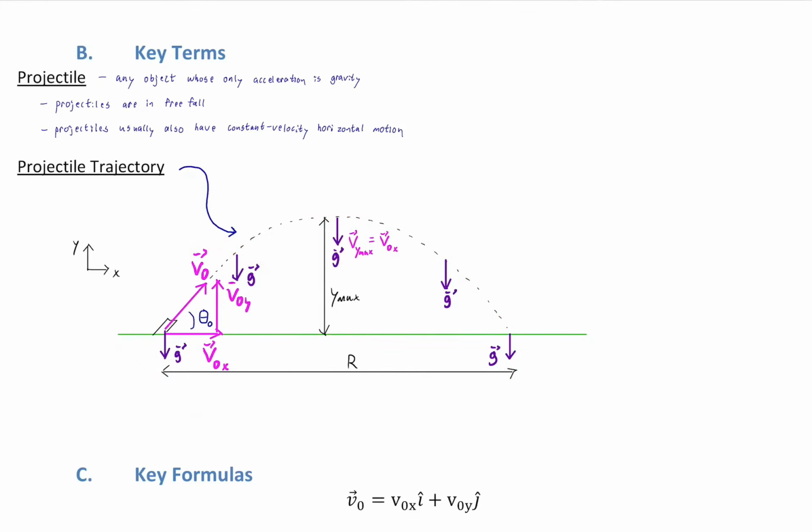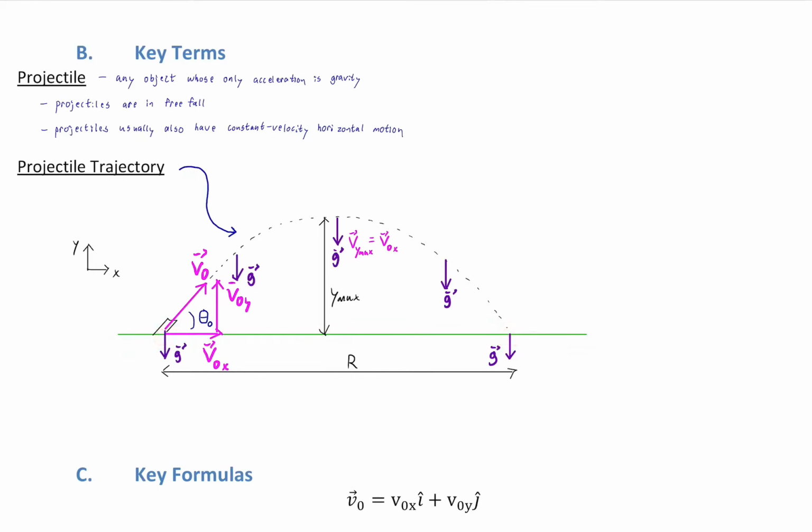The initial velocity is usually going to have an angle measured relative to the horizontal. That's the launch velocity. That velocity vector has components that are also themselves vectors, a vertical and horizontal component. Now there are variations on this, but this is the basic idea. Notice in this basic introduction to a projectile trajectory, the ground is level, so the projectile is going to start at the same height that it ends on.